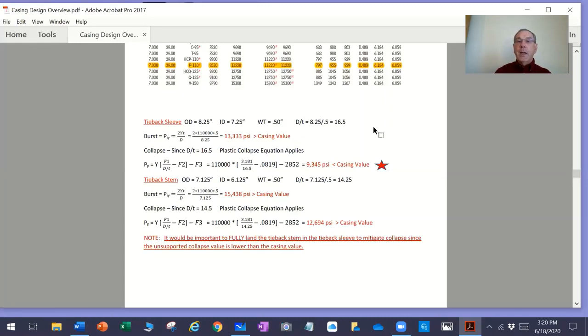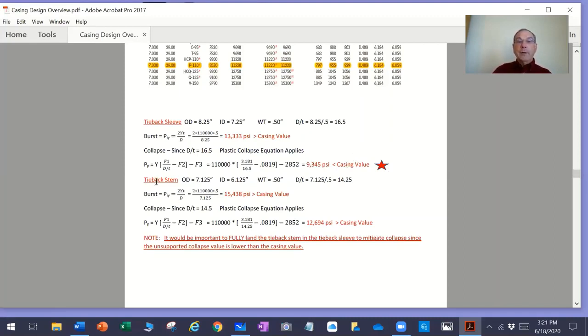Now you'll notice if you look at the table that this collapse value for the tieback sleeve is less than the casing. I'll give a tidbit about that in a minute. So I put a star on it because that collapse value is less than the casing value.